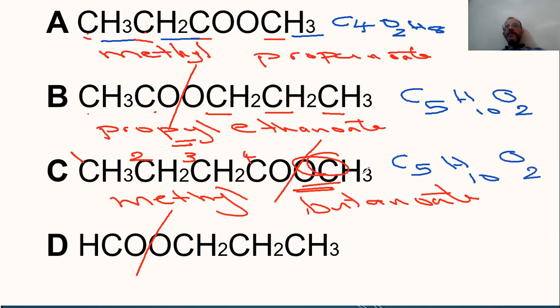Here, the same molecular formula, C5H10O2. They have the same molecular formula, but different names. We call them isomers, not isotopes. Isotopes, if you remember, like Na 23 and Na 24: the same atoms, with the same number of protons but a different number of neutrons.